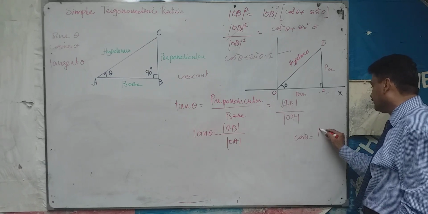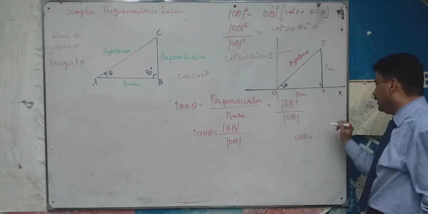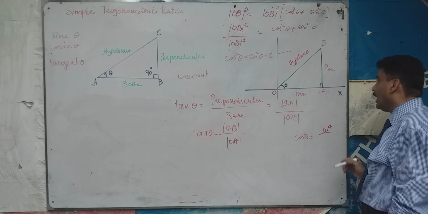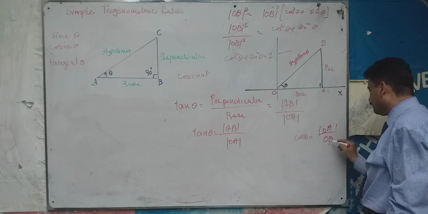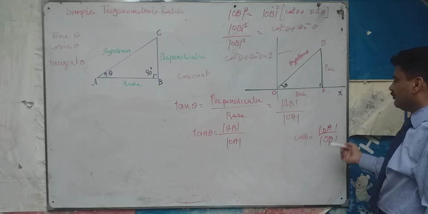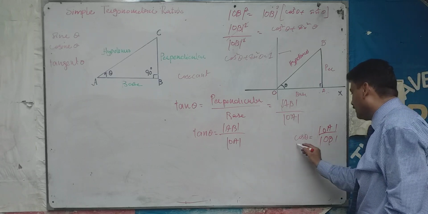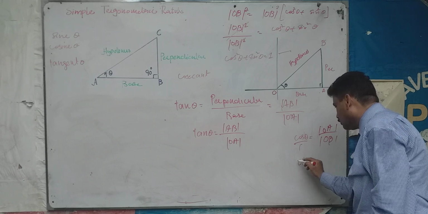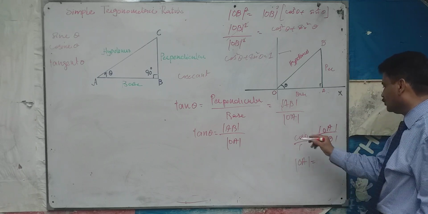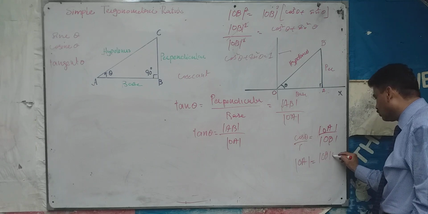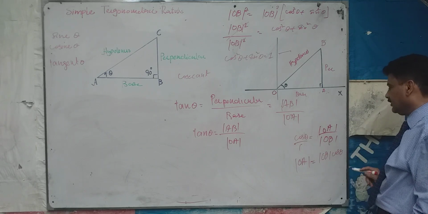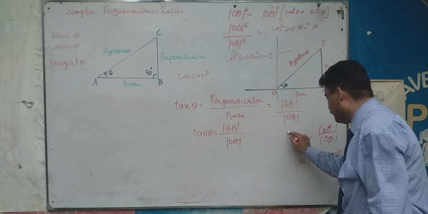Cos theta is equal to base, which is OA, over hypotenuse, which is OB. From here we get OA. By cross multiplying, OA will be equal to OB into cos theta.